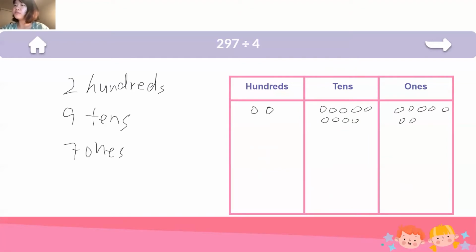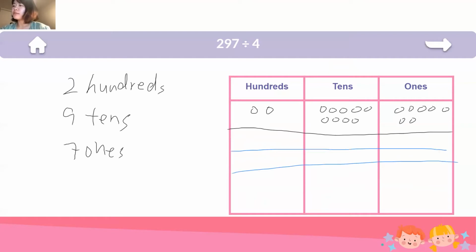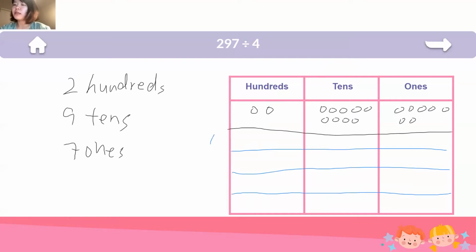This is 297, and we're breaking this into 4 groups. I'm going to do 4 groups underneath it. Let me draw this one bigger. This is the first one, second one, third one, and fourth one.